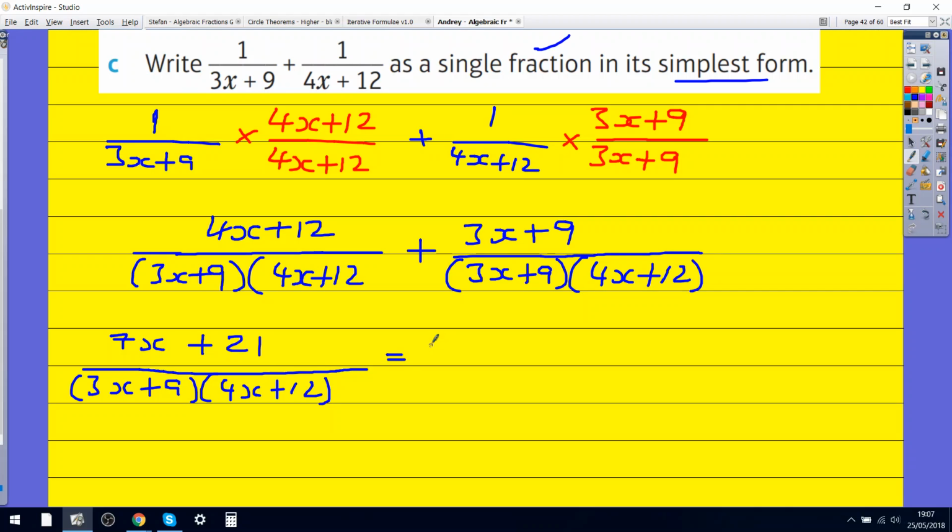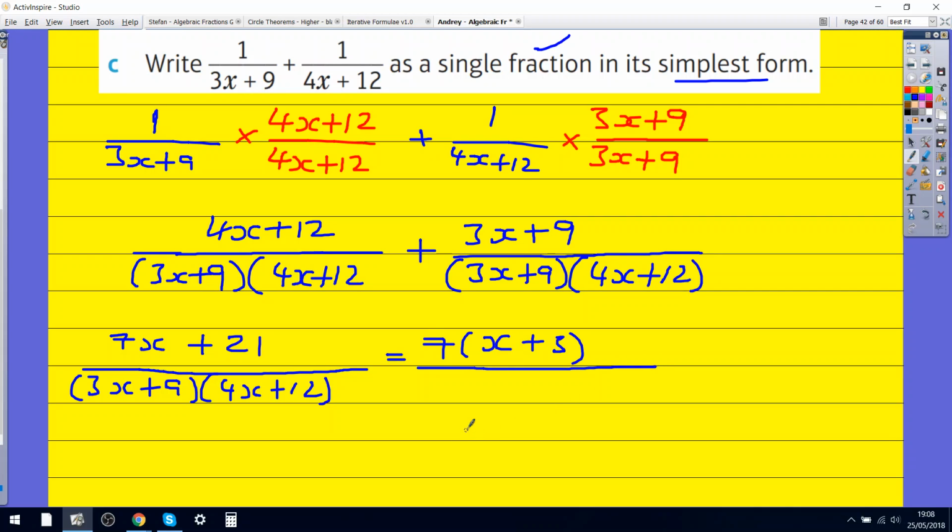Is there any way you can factorize the top? Yeah, 7 times x plus 3. And what's the common factor then? 7. Yeah.